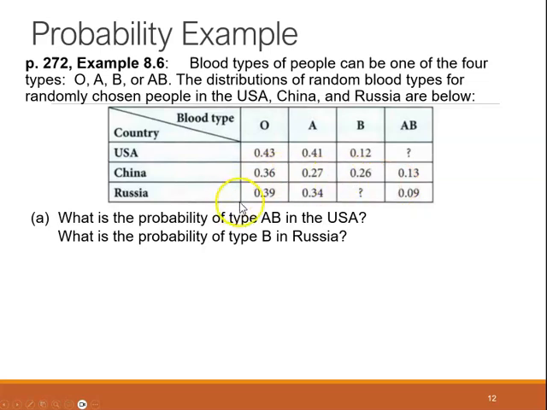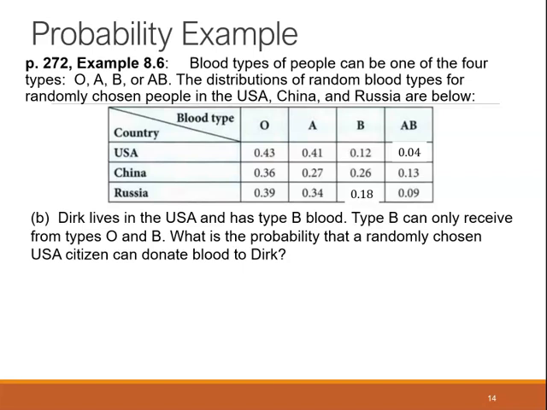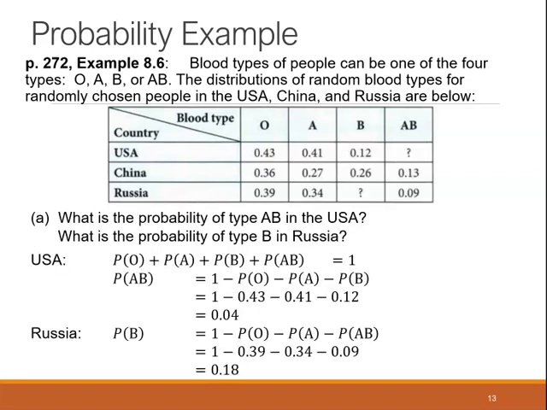Likewise, same thing for Russia. So I'd have 1 minus 0.39 minus 0.34 minus 0.09. And that one is 0.18. Too much arithmetic for me to do at 8 o'clock in the morning. Everybody's cool?